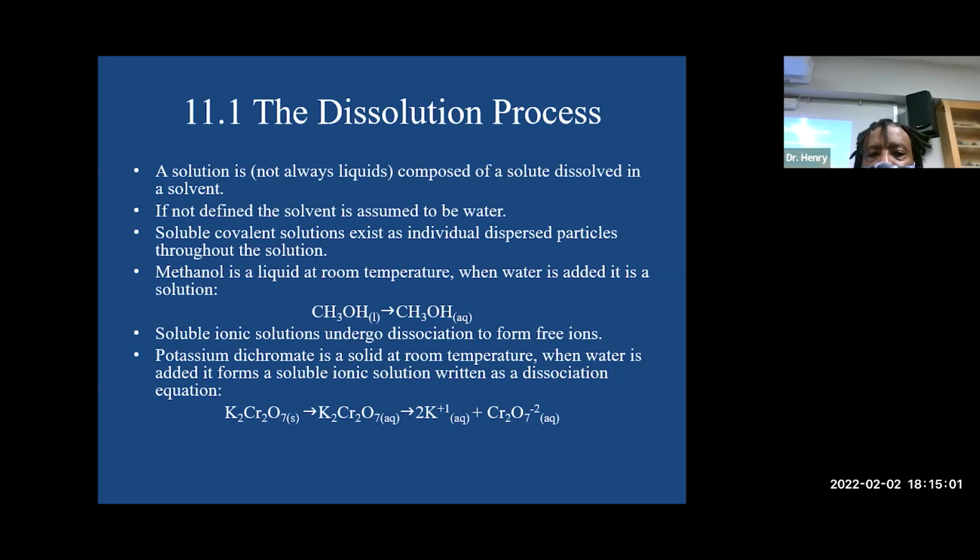Okay, so methanol at room temperature is a liquid, right? But when we add water to methanol, we put the aqueous sign.